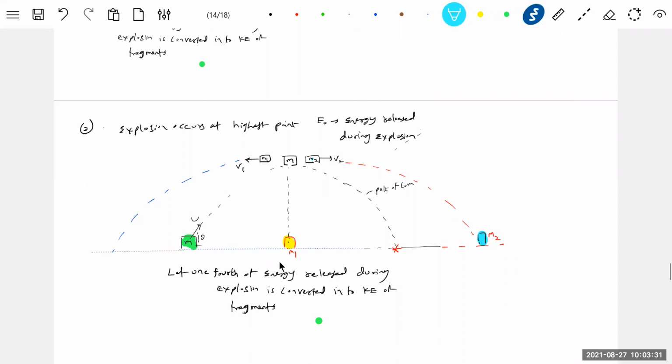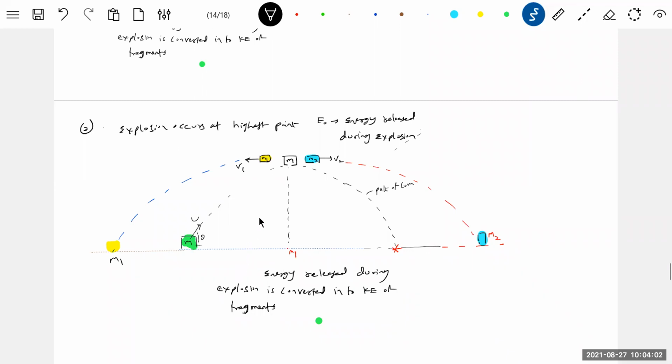Okay, this is M2 and this is M1. It should not land here. No, it's going to land here. Then what is the expression? Here one third I'll take, or total energy released during explosion is converted into kinetic energy of fragments. So what are the equations we'll write here now?